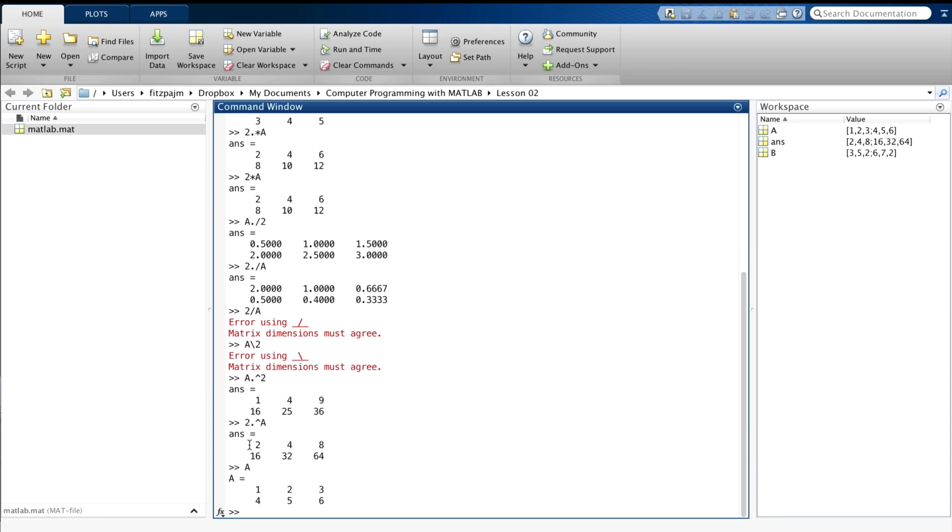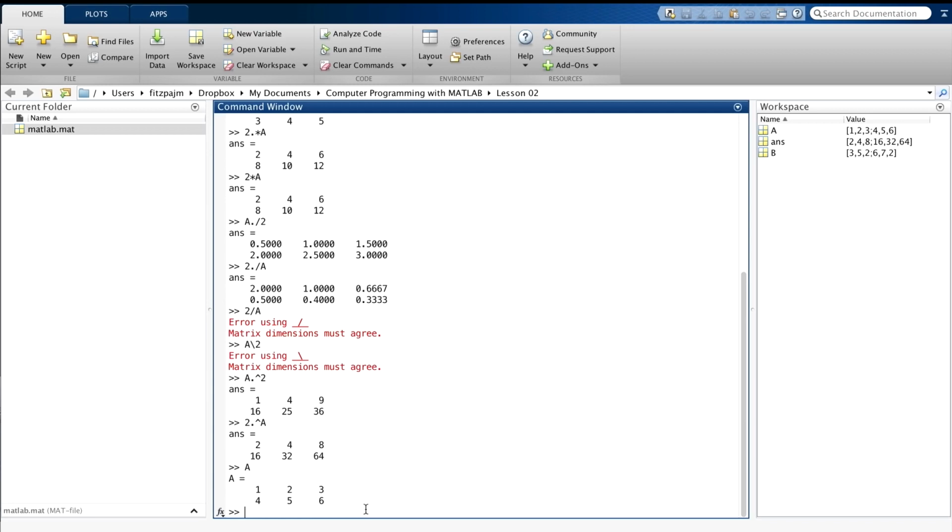Here we have 2 because we've raised 2 to the 1 power. Here we have 4 because we've raised 2 to the 2 power. Here you have an 8 because we've raised 2 to the 3 power, and so on, until we get all the way down here to 64, which is 2 raised to the 6 power.